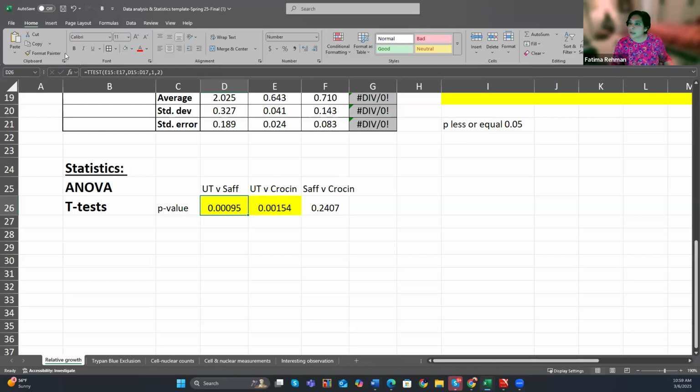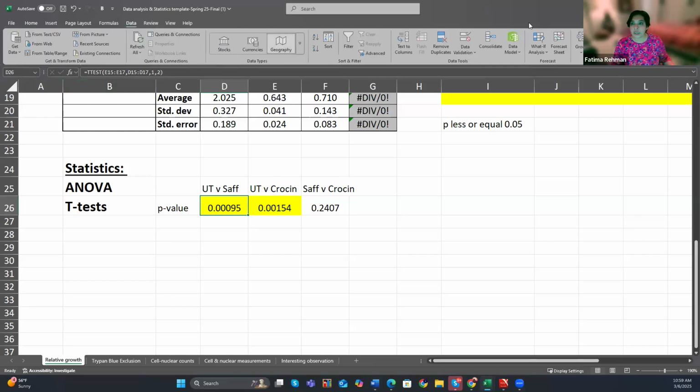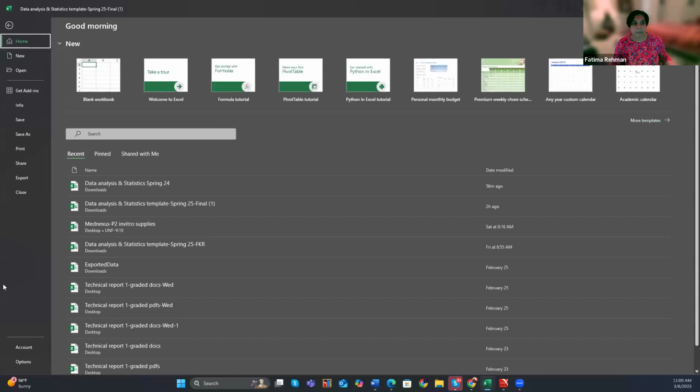Now, to run the ANOVA, we need to have the tool pack. You can check to see if you already have it downloaded: under Data, you will see this Data Analysis tab. If you do not have the tab, you need to go to File. If you have a non-Apple computer, you go to File, and then you go to Options.